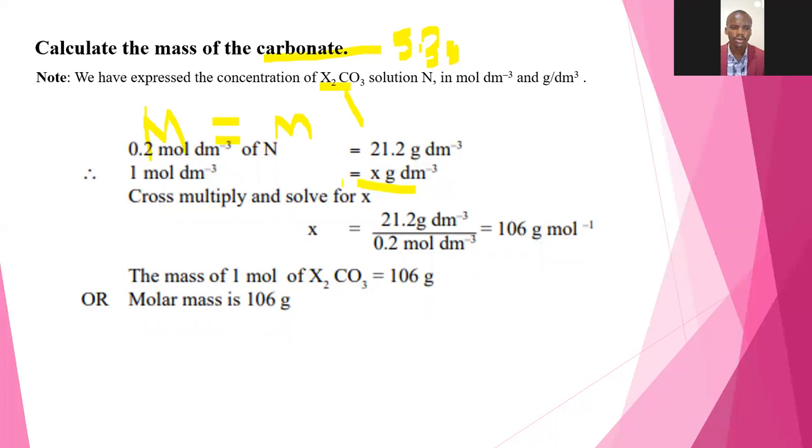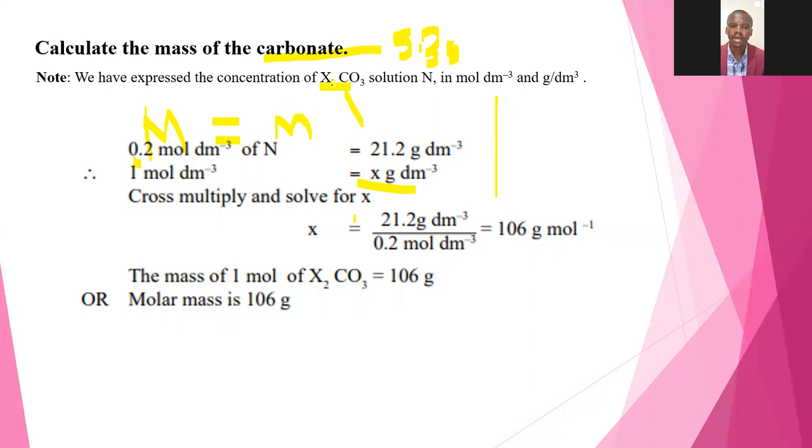So we know that we have the concentration here. If you use this method, I think it will take you really very far. There is also a formula that I want you to also understand.